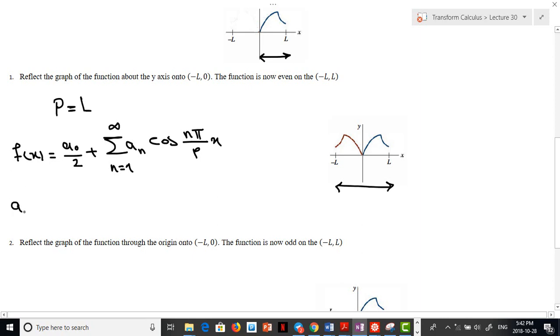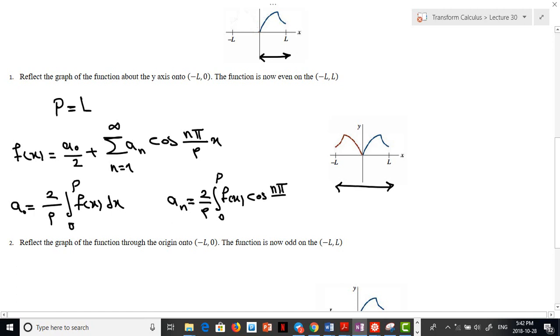So in this case, a0 is equal to 2 over p integral from 0 to p f(x) dx, and an is equal to 2 over p integral from 0 to p f(x) cosine n pi over p x dx. So it's the first solution for finding the Fourier series of our function.